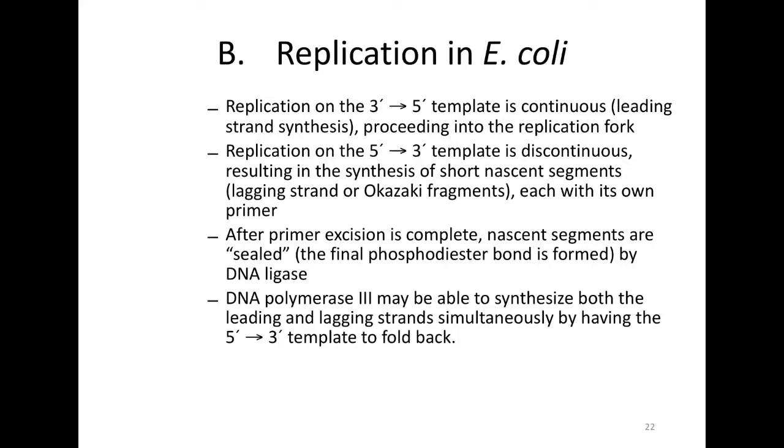its own primer. After primer excision, the complete nascent segments are sealed by a DNA ligase enzyme. DNA polymerase is able to synthesize both the leading and lagging strands simultaneously by having the 5-3 template fold back.